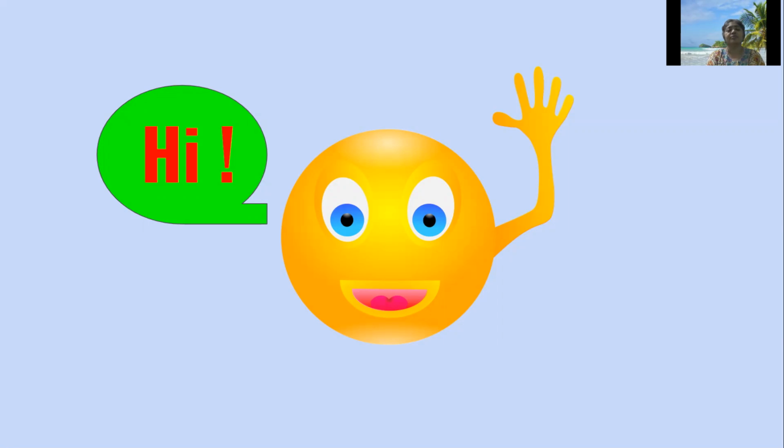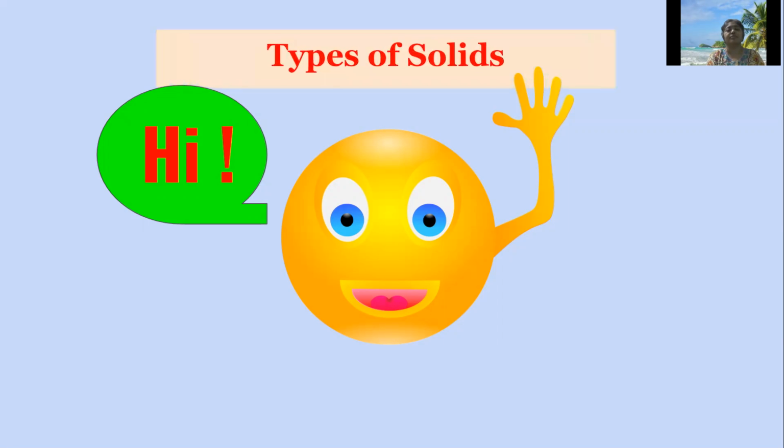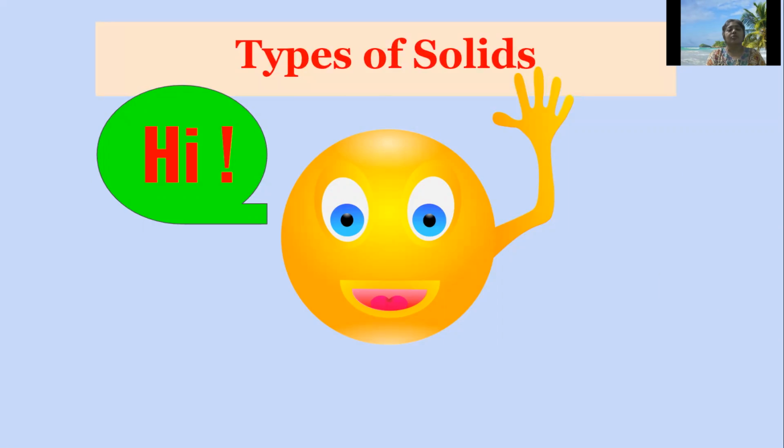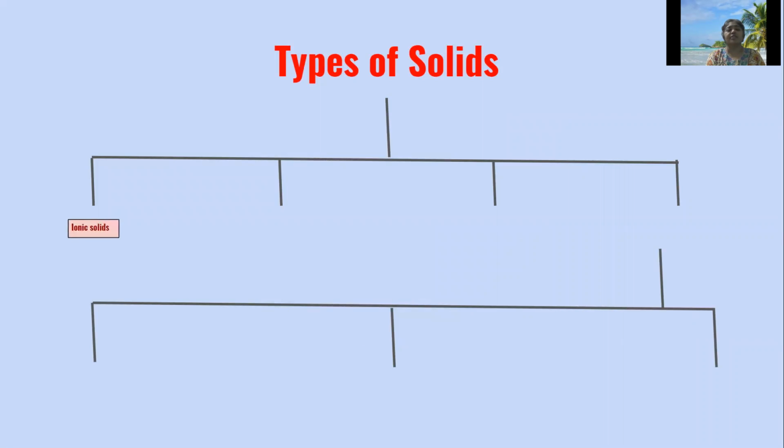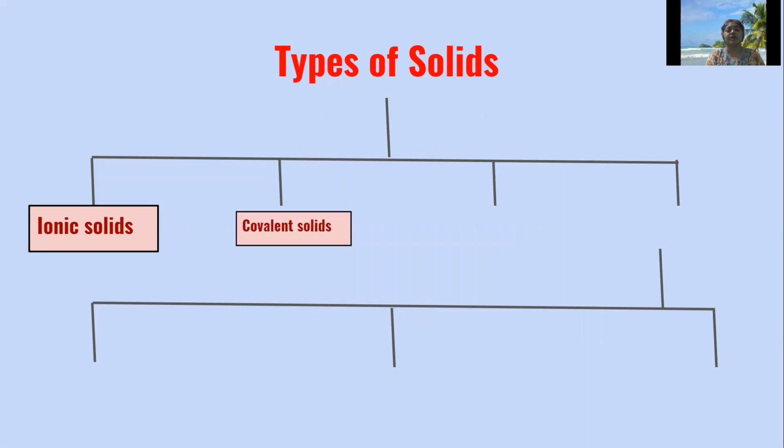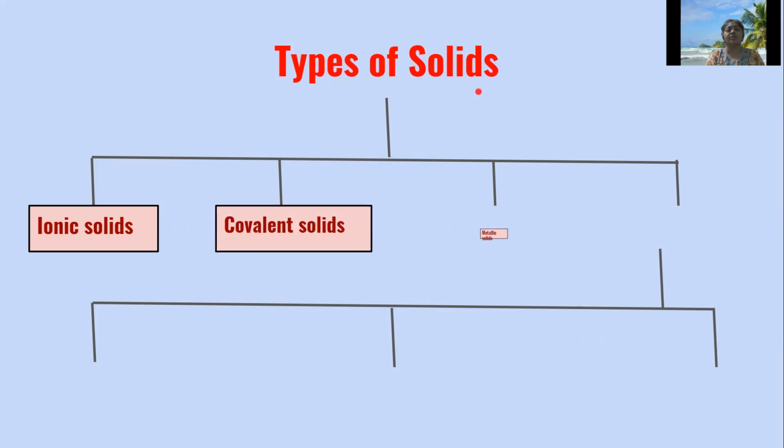In today's session, we shall move further and study more about the different types of solids. Now, broadly, the solids can be classified into four categories. You can have ionic solids, which are made up of ions. Then we have the covalent solids, which are made up of covalently bonded molecules or atoms.